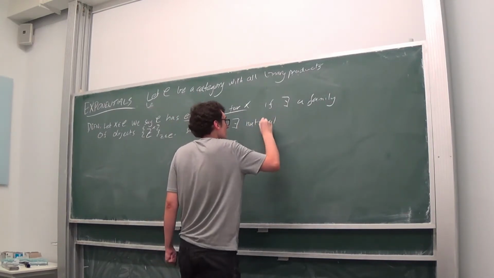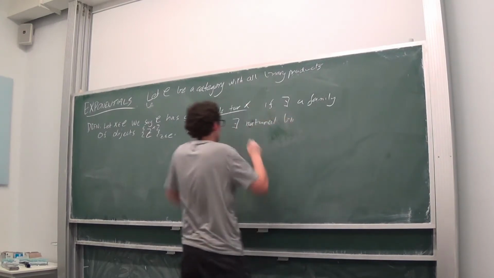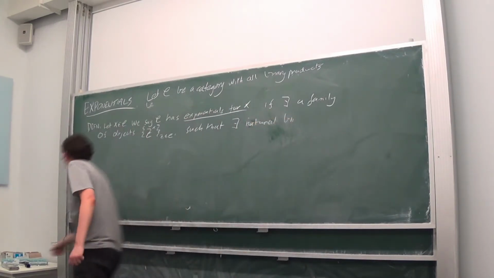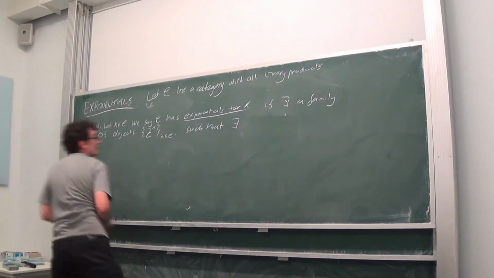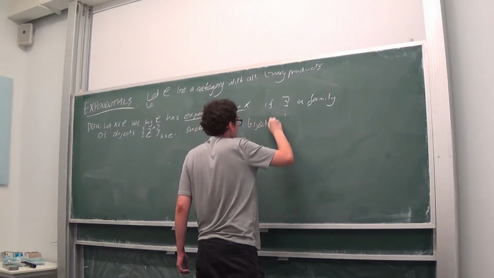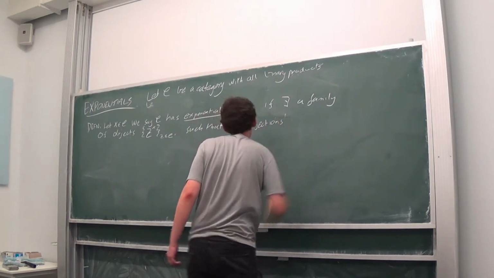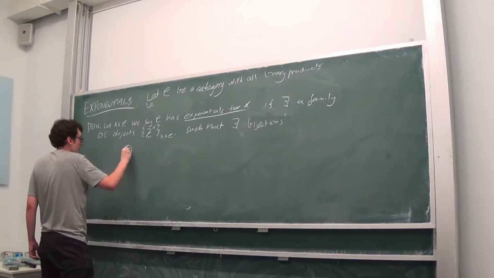natural, or actually let's just write bijections for now. And the bijections go between two Hom sets.